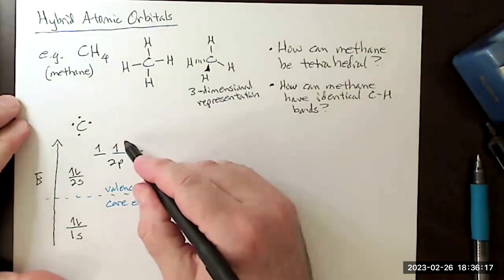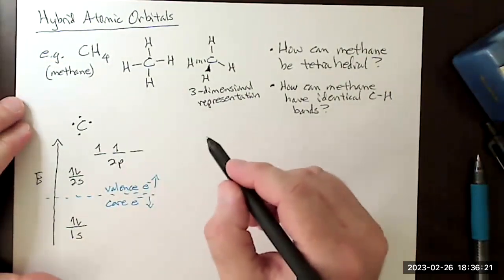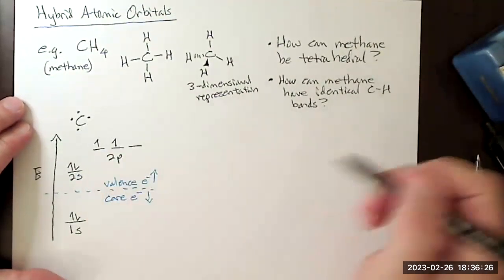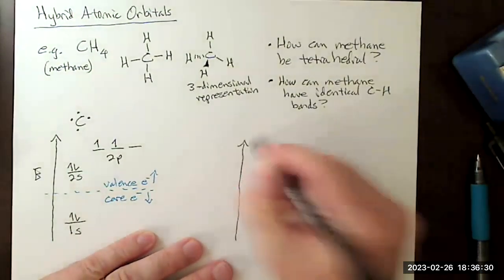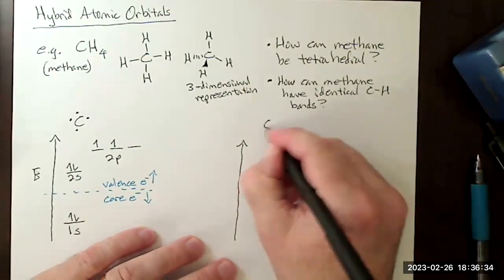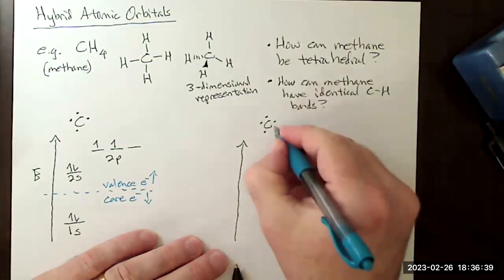Now, the way that I've drawn this, if we want to bring in some hydrogens, each hydrogen is going to bring 1 electron to the party. So we would want to, if we could, have our carbon there, and then we'll have hydrogens.